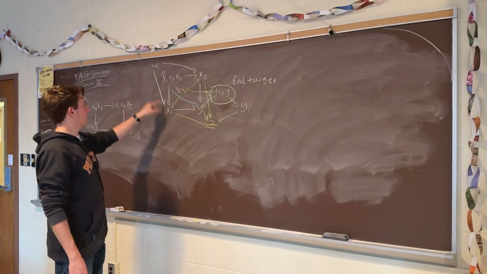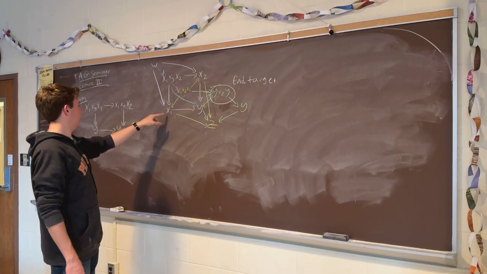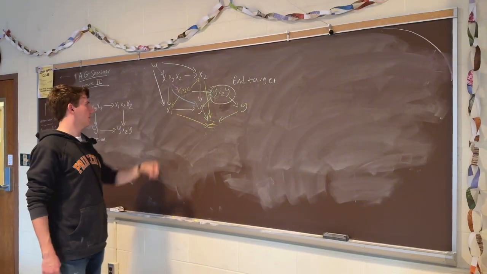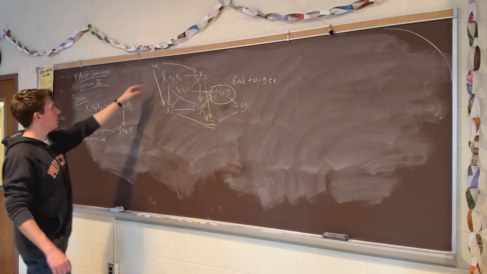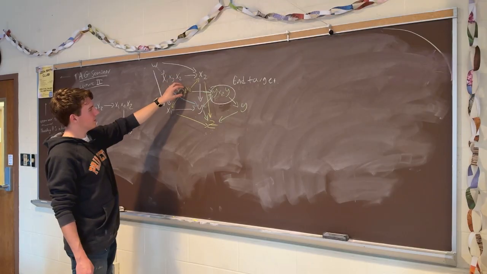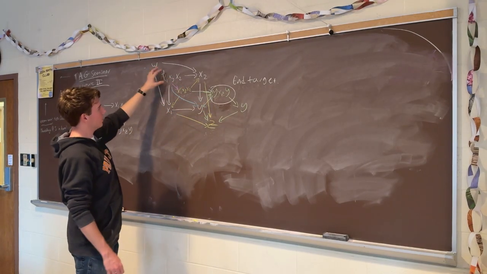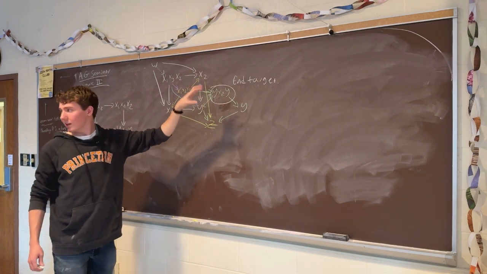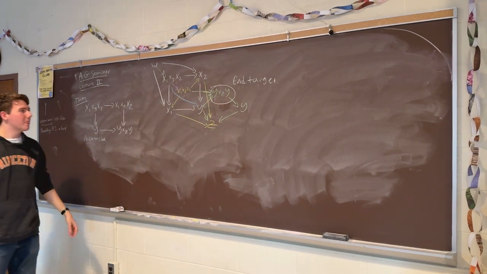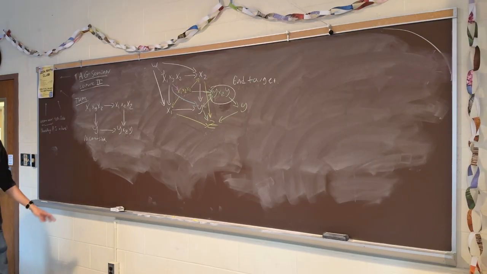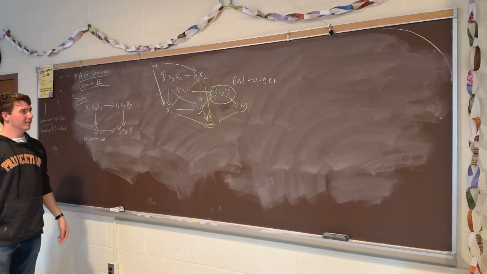Then we're going to drop straight down to x1, straight into y, straight into the diagonal product. But then we also need to go into this fibered product, straight into the diagonal morphism. But then we also need to go the other way. This is combinatorial hell, I think.